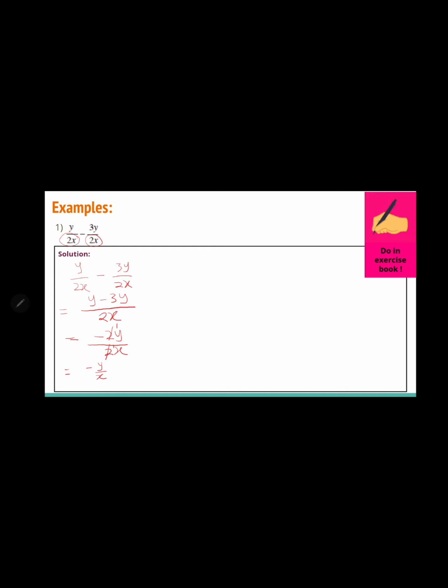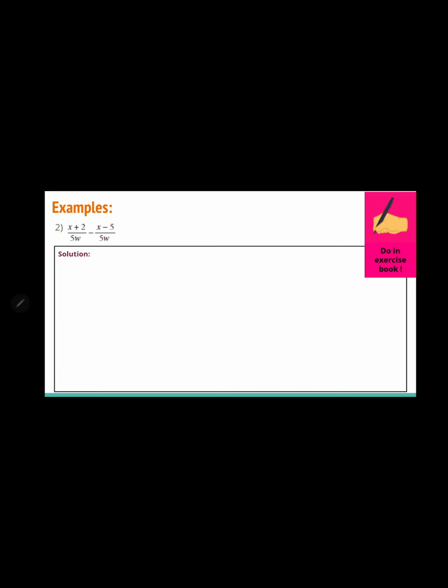Then you have example 1. Please write it inside your exercise book. You have only one book, okay, just use that one. Never mind. When you come back to school later, I think April, you will pass out all your exercise books.